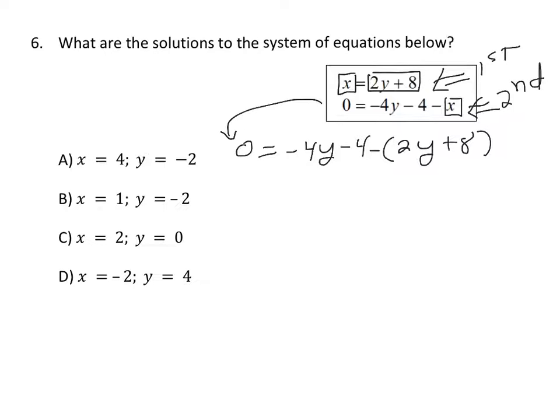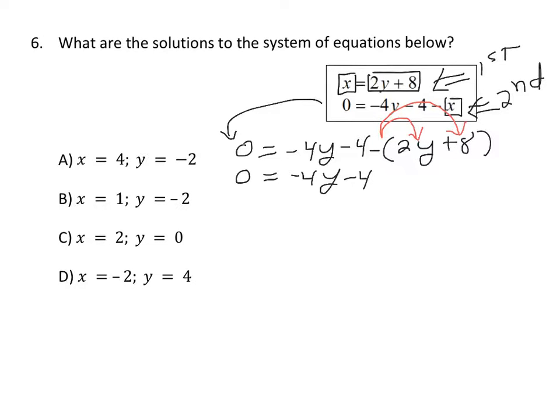From left to right, let's simplify and solve. 0 equals negative 4y minus 4, negative plus 2. Look at that, we will distribute the sign, because there is actually a negative 1 that's silent in there right now.